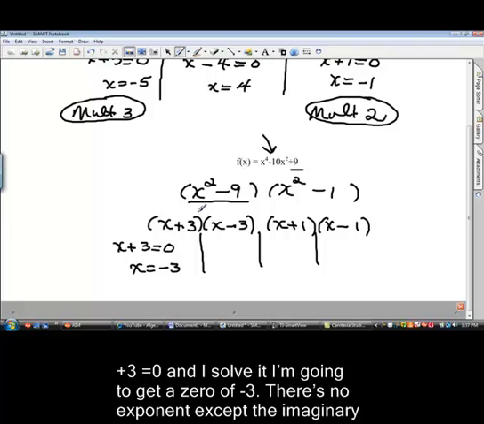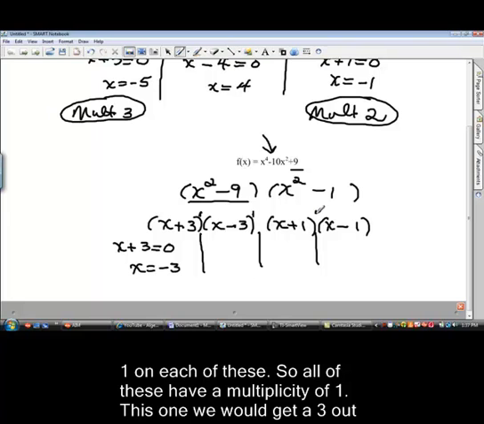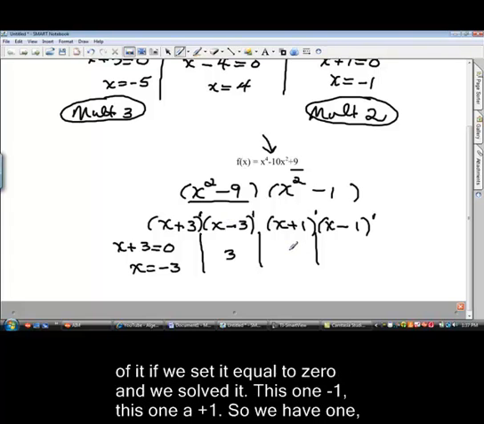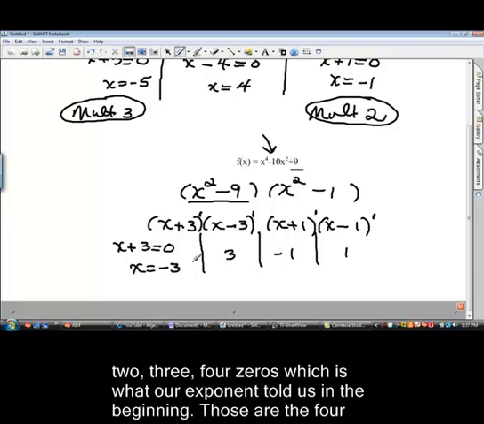There's no exponent except the invisible 1 on each of these, so all of these have a multiplicity of 1. This one we would get a 3 out of it if we set it equal to 0 and solved it. This one a negative 1. This one a positive 1. So we have 1, 2, 3, 4 zeros, which is what our exponent told us in the beginning. Those are the 4 zeros for this problem.